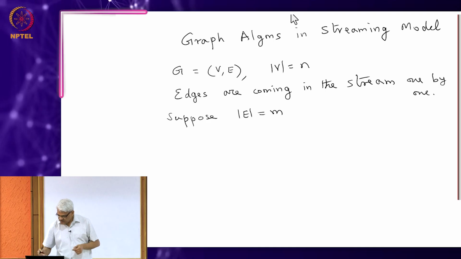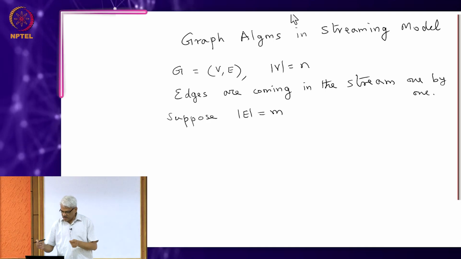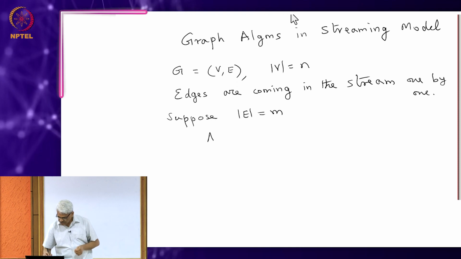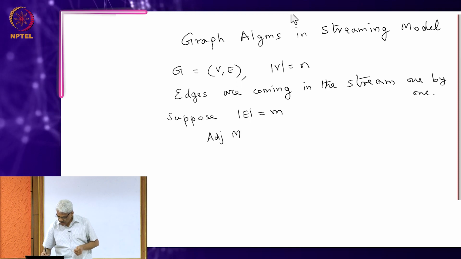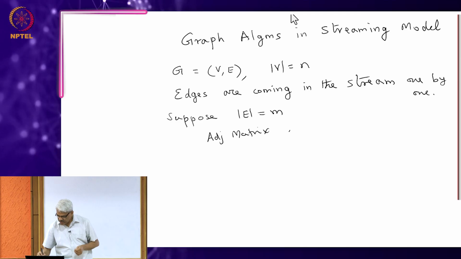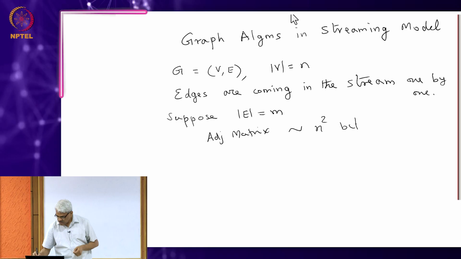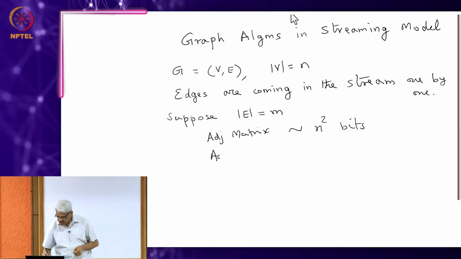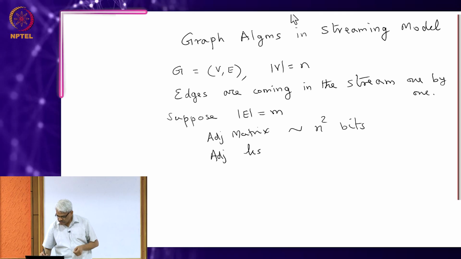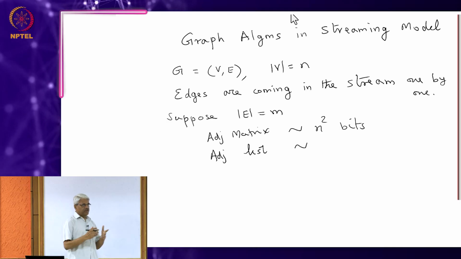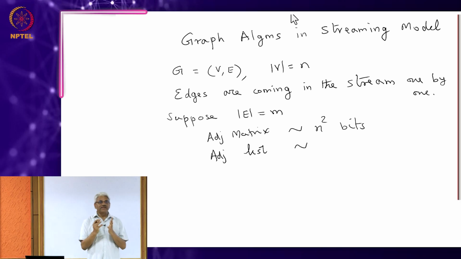This is a changing thing, because as the edges come, your m is going to increase. Adjacency matrix takes how much space? n square bits, and adjacency list will be in the order of m plus n cells.